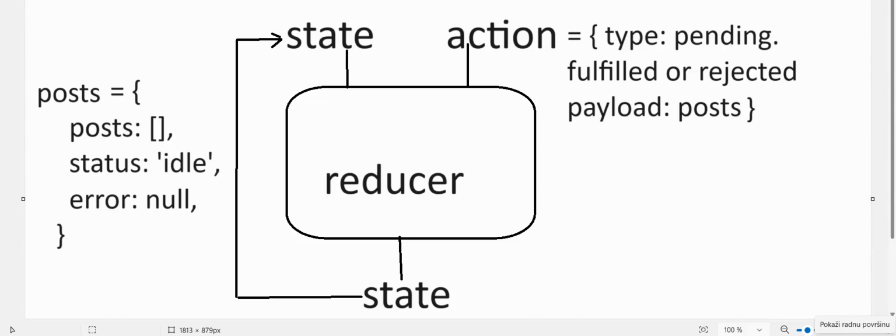We see loading, animation of text, and we see a list, and when we add a new post, immediately we see that in our list.